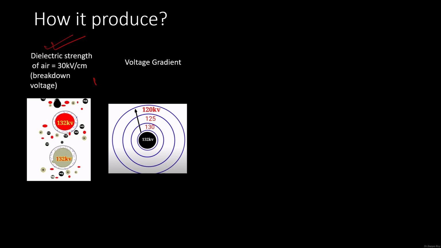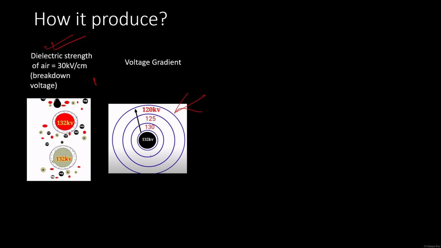Voltage gradient, you can see in this figure. Suppose this is the main conductor, supplying 132 kilovolt. With the distance from this conductor, the voltage will decrease slowly.